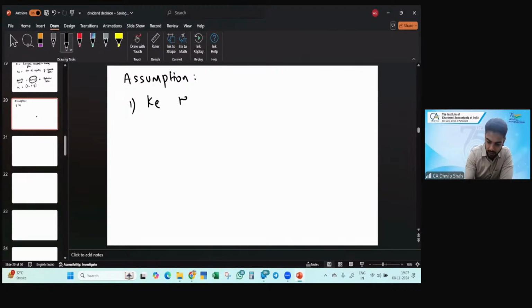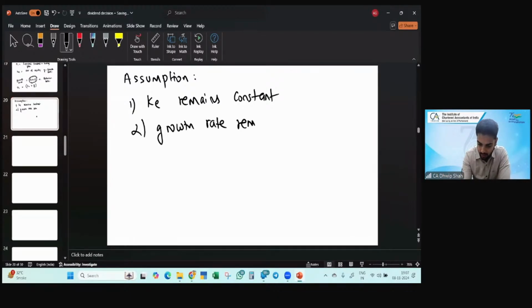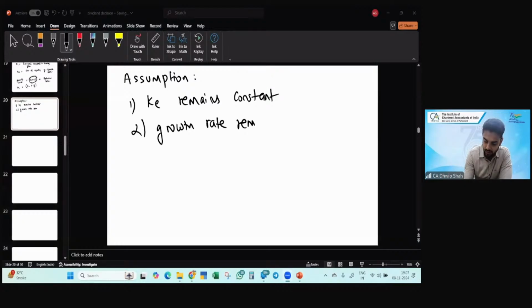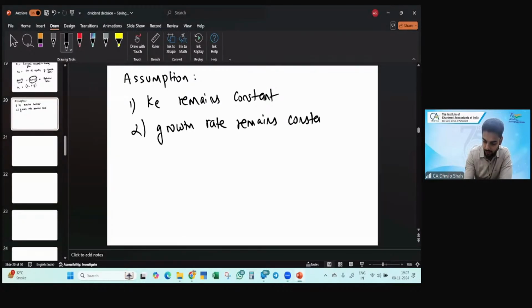Assumption 1 was KE remains constant. Second, growth rate remains constant. Third is perpetual succession, means going concern assumption.